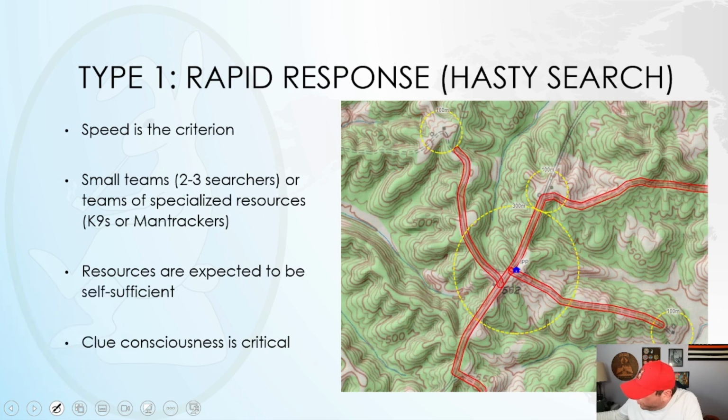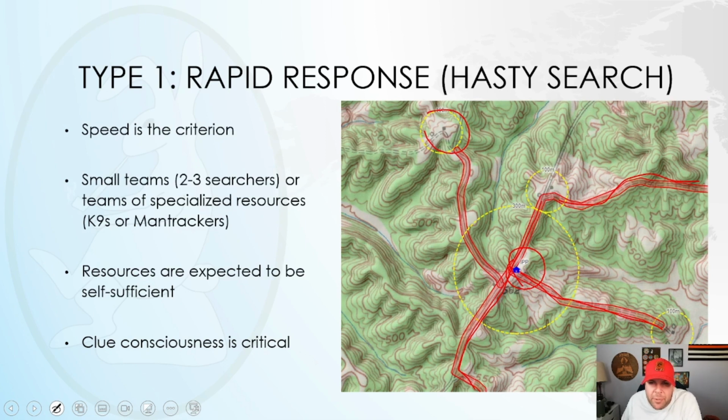You'll see these roads here are highlighted. These are areas that we will want to hit pretty hard, because these are easy routes to travel away from our initial planning point. We're building everything off of that initial planning point, and these are the easy routes away from that. And some of these go to a specific point of interest for us.